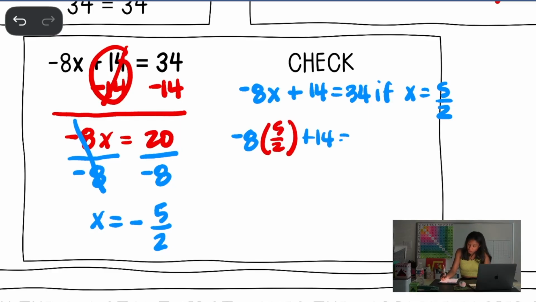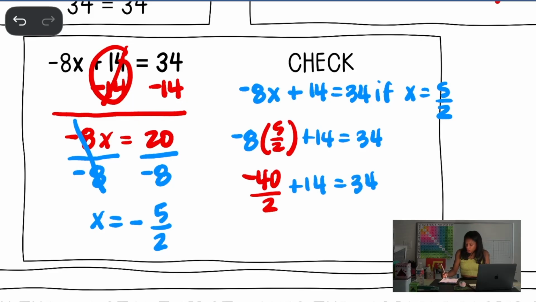Plus 14 equals 34. When I multiply this, I get -40 over 2, plus 14 equals 34. I made a mistake.